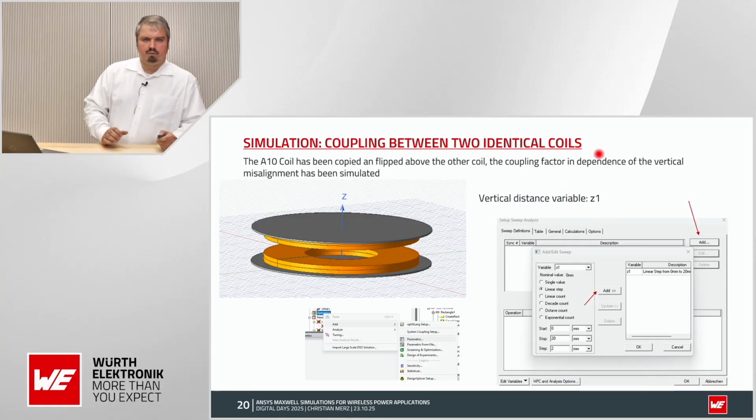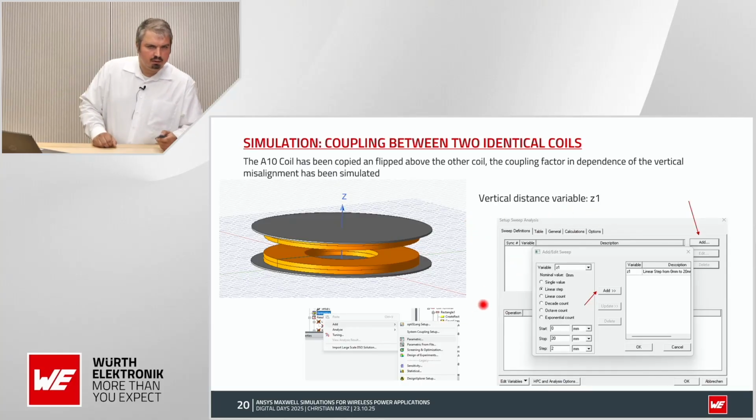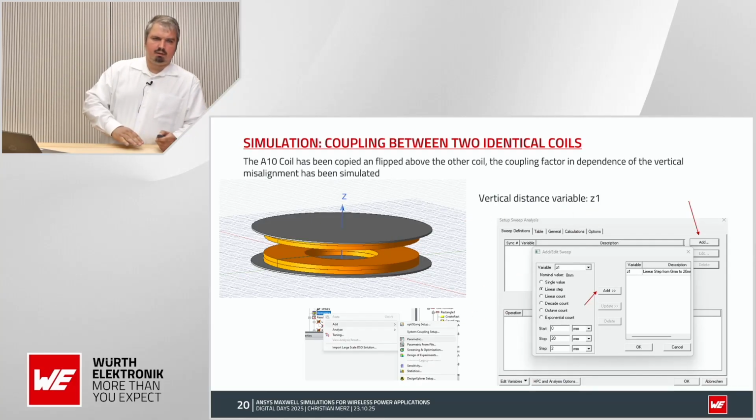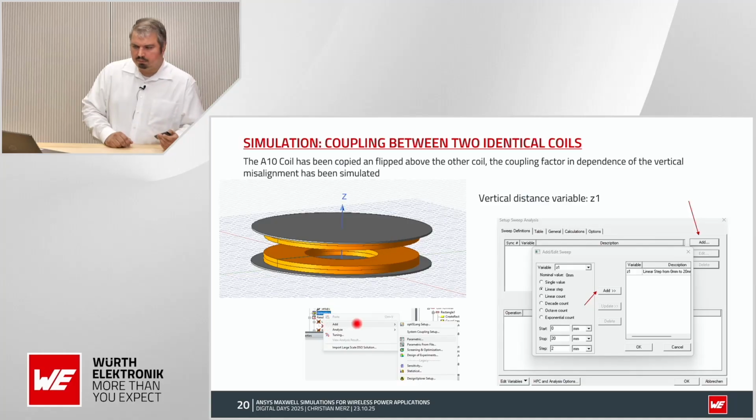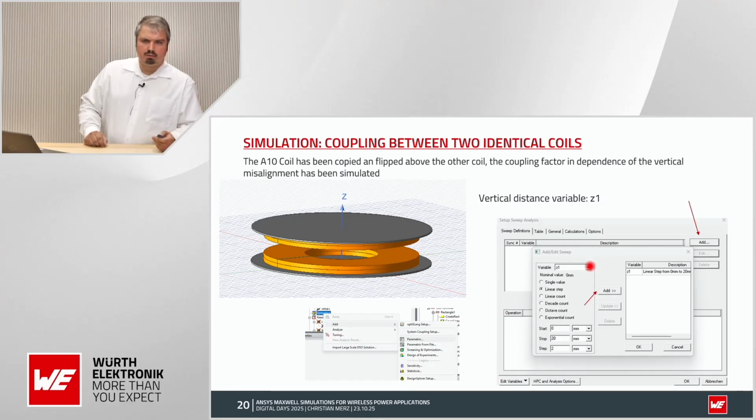Then I have to define a parameter sweep. That means I have to define the distance steps where I want to see my results, so the coupling values. For this, we go to Optimetrics, we choose add, and then parametric. Then this window opens, and you go to add, and then choose the variable which you want to sweep.